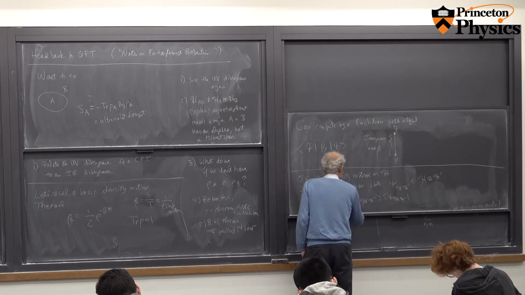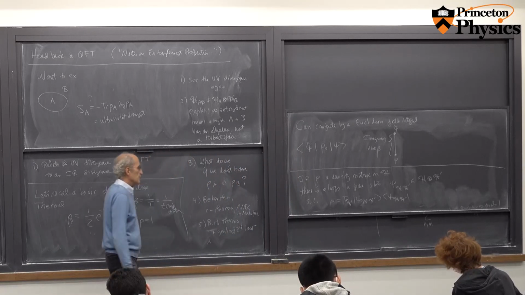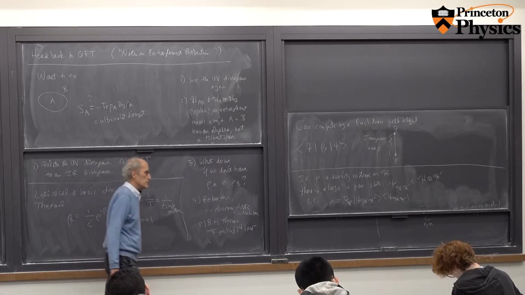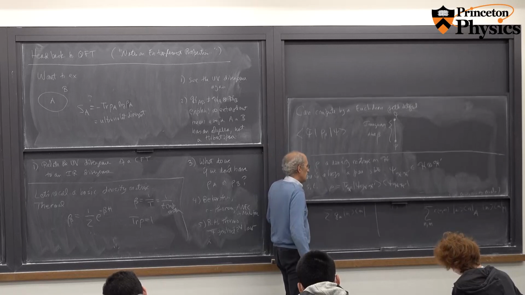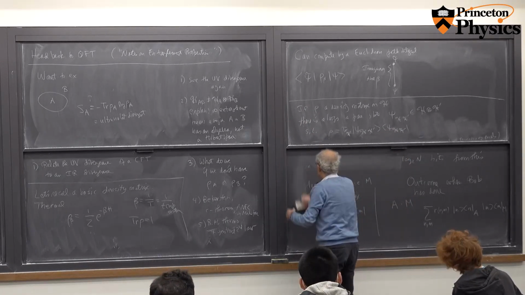The trace over H' of the projector onto psi_HH' is equal to rho_H. So that's something we learned right at the beginning when we discussed density matrices the first time.